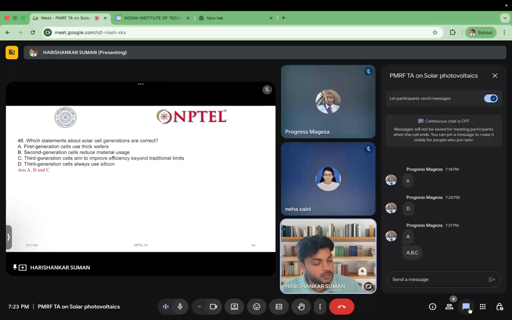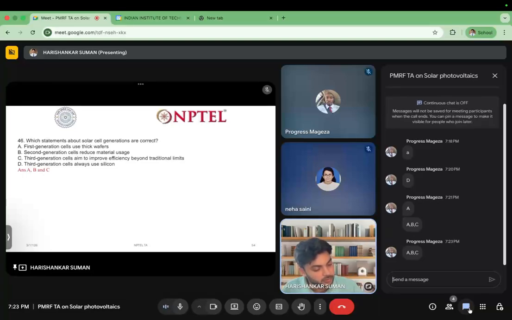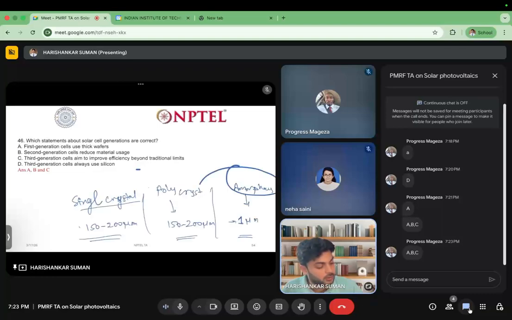So first generation is thick wafer, and this is the problem. Then we have reduced the material cost and so on. Okay, you are correct. So this is the single crystal, then polycrystalline and amorphous. Third generation improves the efficiency.